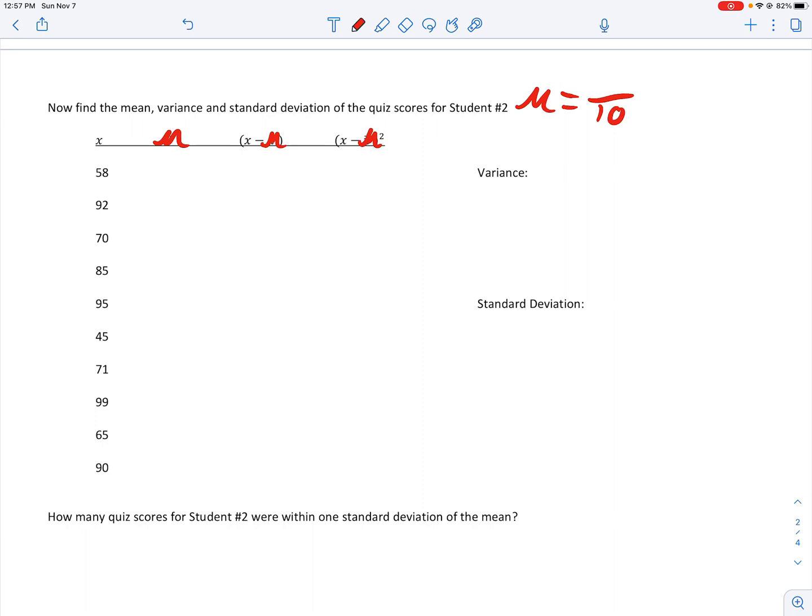So pause the video, add those up, and then divide by 10. Hopefully you added those numbers up, and you should have gotten 770 divided by 10. So mu is 77.